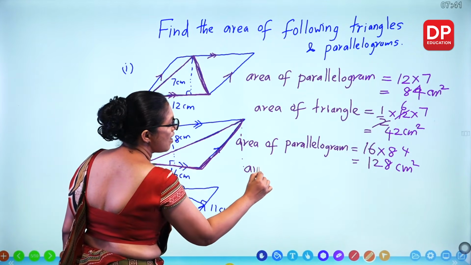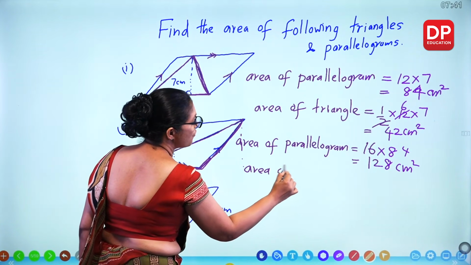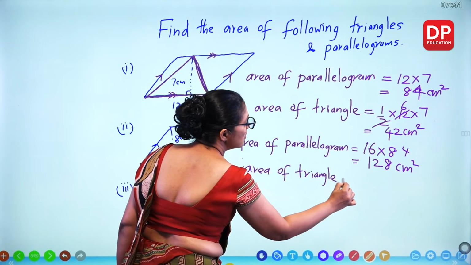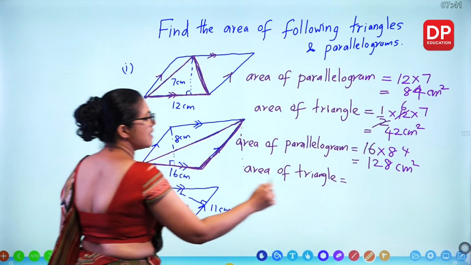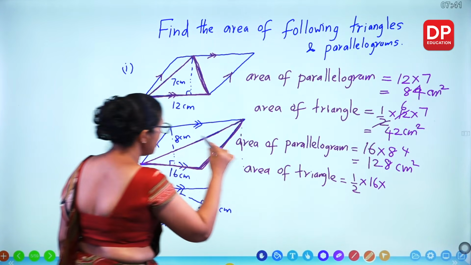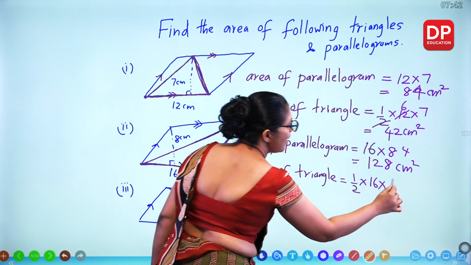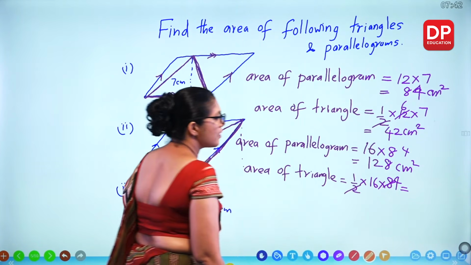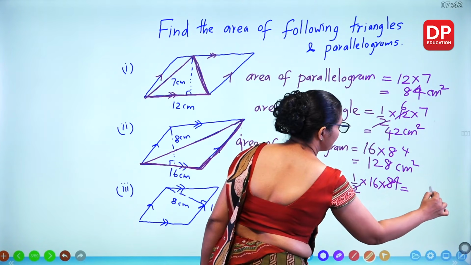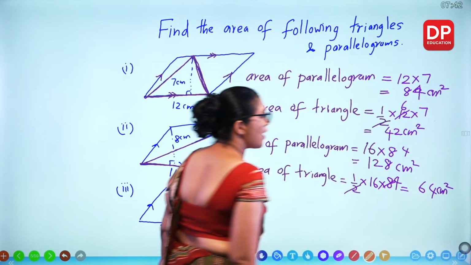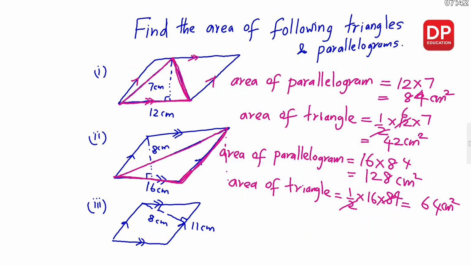So area of triangle is half times base times the same perpendicular height. Then when you simplify, you get 64 square centimeters.